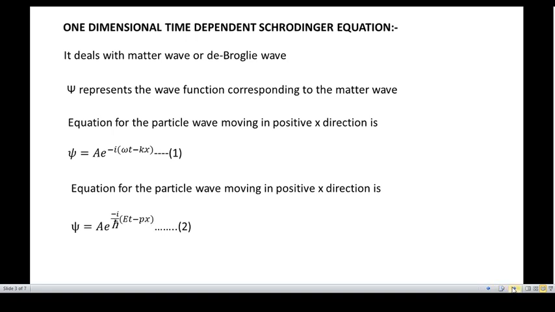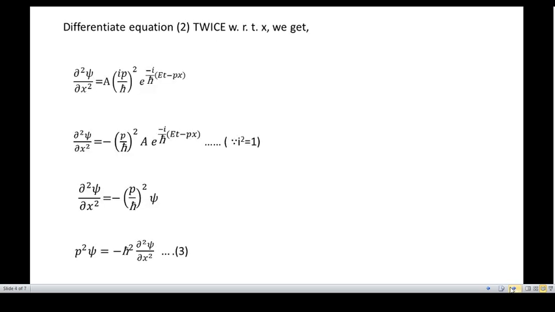Now let us see what we can do further. So now we have to differentiate equation 2 twice with respect to x. So we can get dou square psi by dou x square is equal to A into (ip by h cross) whole square into e power minus i by h cross into (Et minus px).